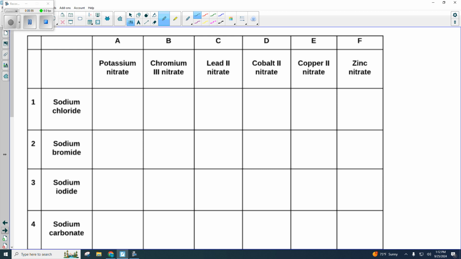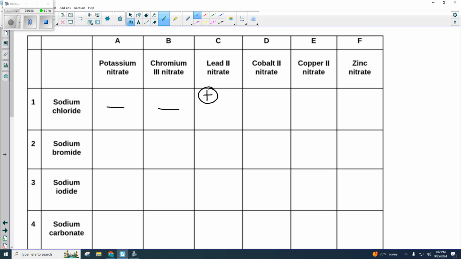So one that I'm going to give you that is a positive is, let's see, we'll do the first one in the first row, so sodium chloride with lead nitrate. You cross sodium chloride with lead nitrate, you test this one. This one is going to be positive, so we're going to put a positive.